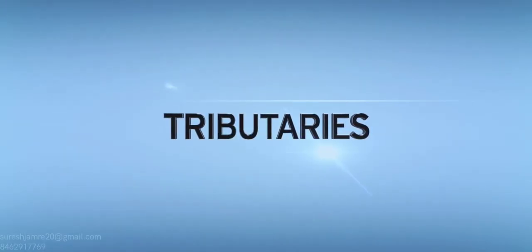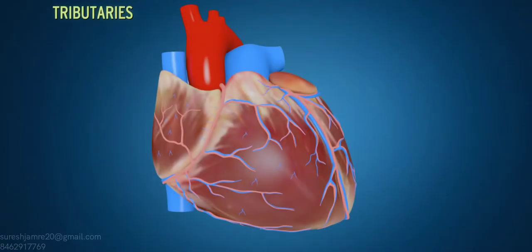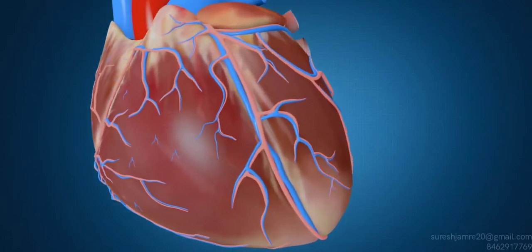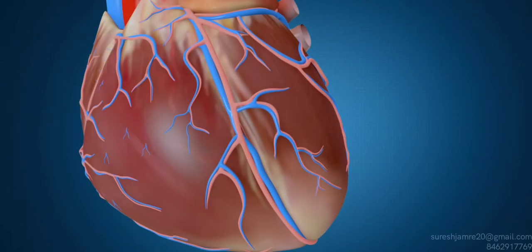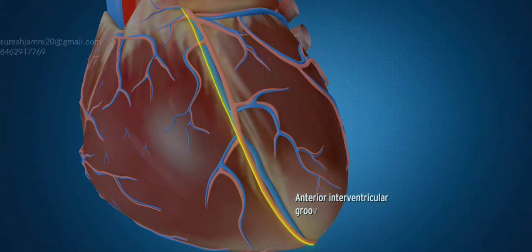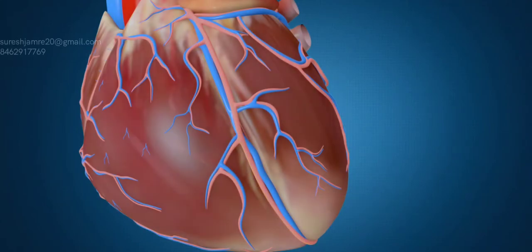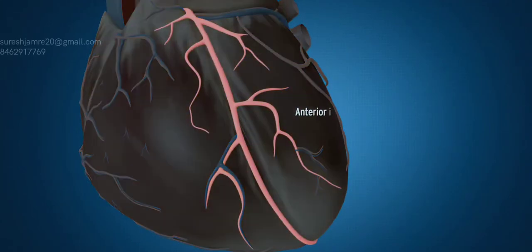Tributaries. It receives the following tributaries. Great cardiac vein. It begins from the apex of the heart and runs upwards along the anterior interventricular groove. Here, it accompanies the anterior interventricular artery.